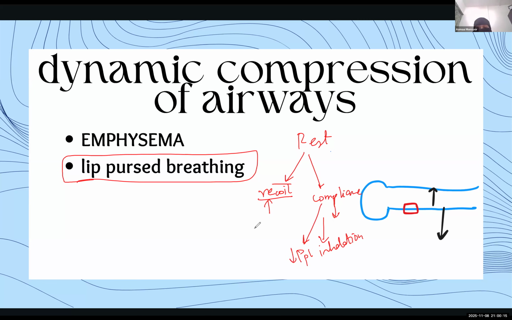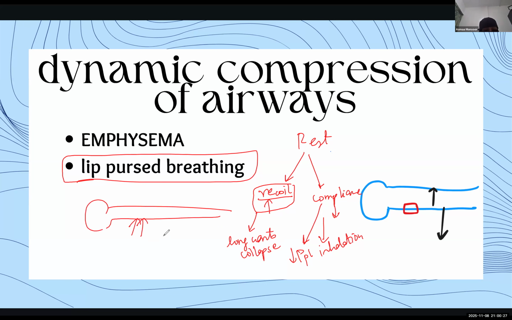And when there is increased recoil, this means the lung wants to collapse. If you think about it, the lung wants to collapse, and there is decreased pleural pressure, which is keeping it open. So this makes the airway collapse at a place earlier than the cartilage. So the equal pressure point will shift.